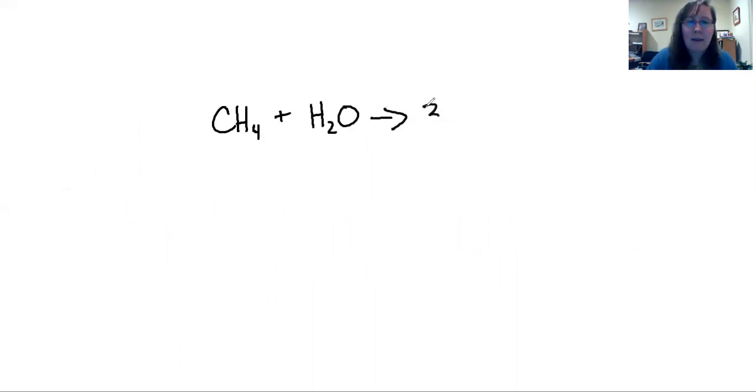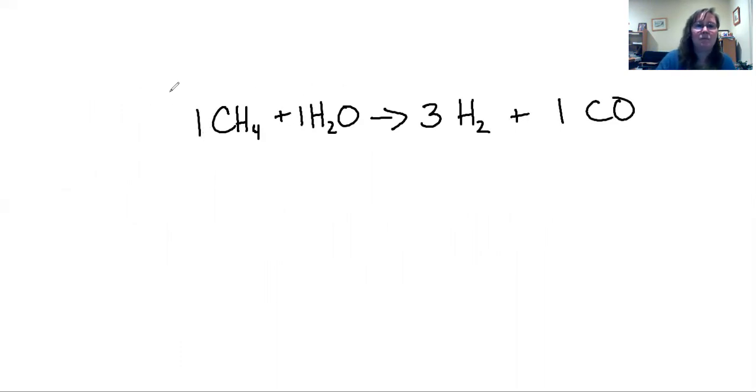So let's say that what we're working with here is CH4 plus H2O, and we had balanced this one before. It makes 3 H2 and 1 CO. And I'm going to put a 1 here and here as well.